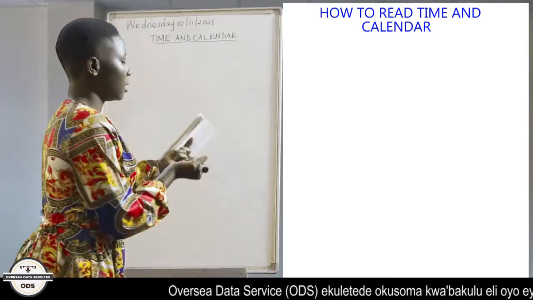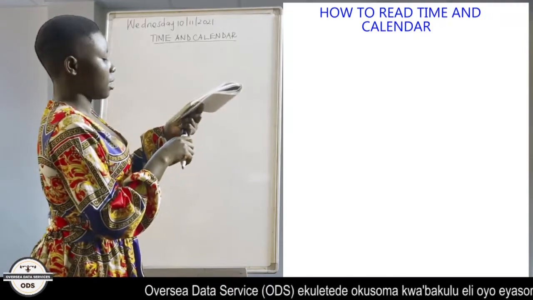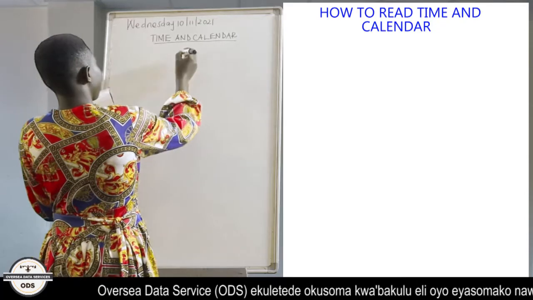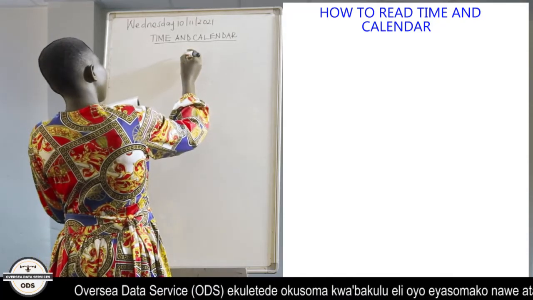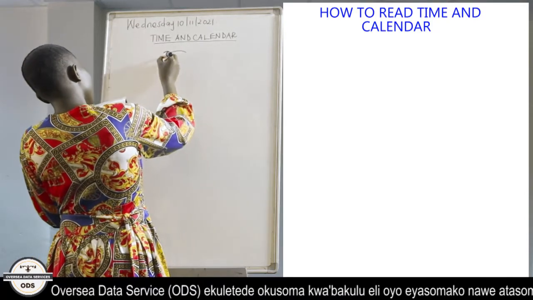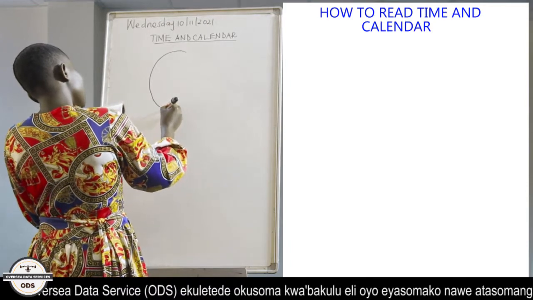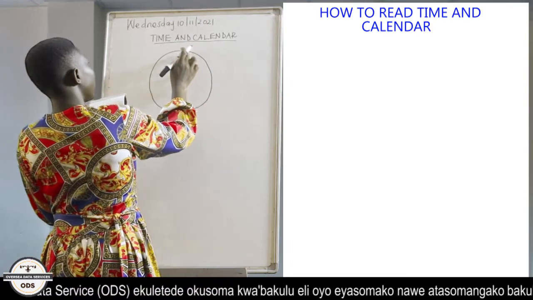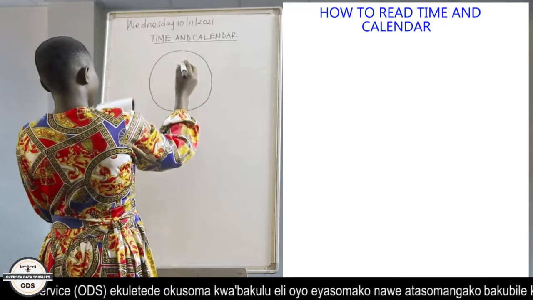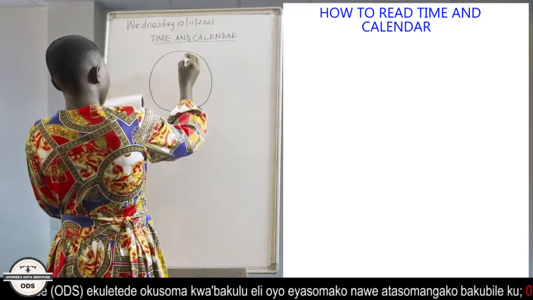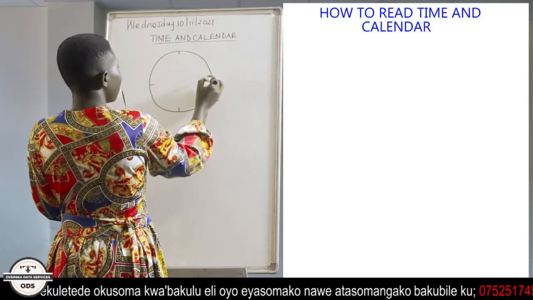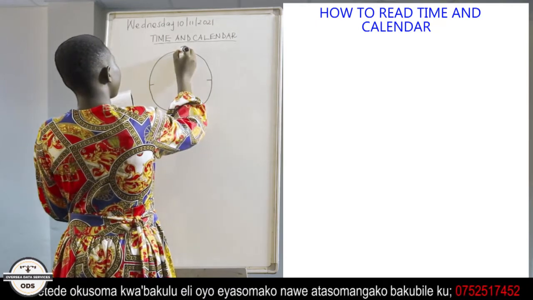Let us first see. Here is a clock face or a watch. We have these marks here.